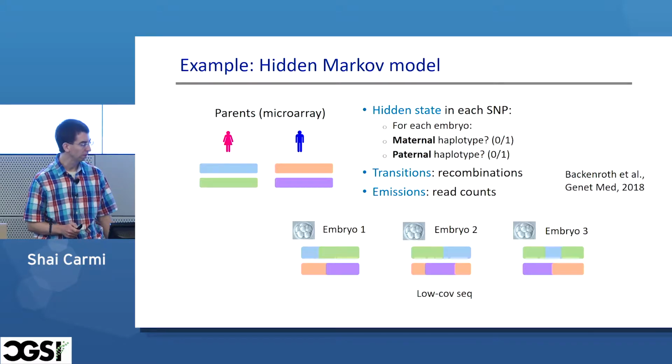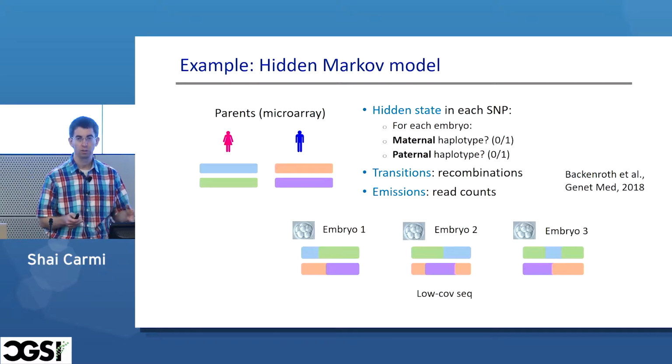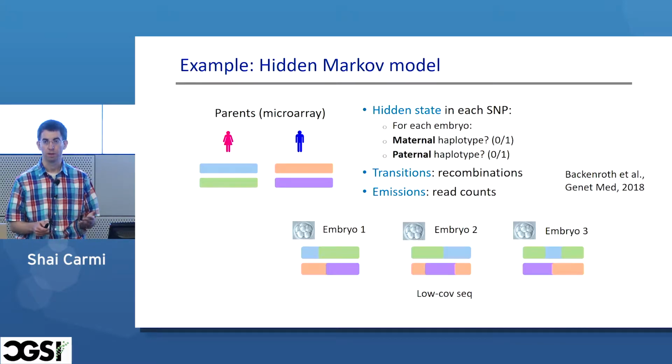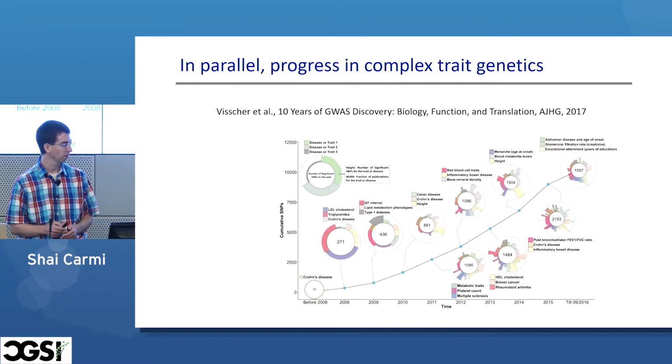So again, this is what I showed last year. I don't want to go into more detail. This is just to show you that this is possible. We can get very accurate methods for PGD that are also relatively affordable and easy to use in the clinic.